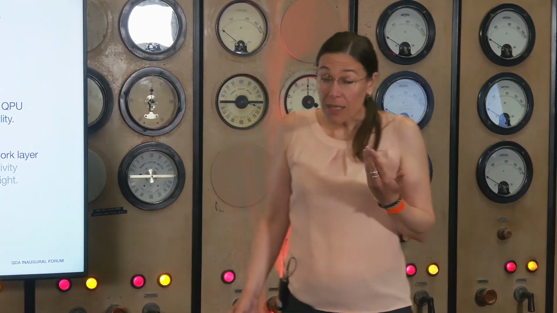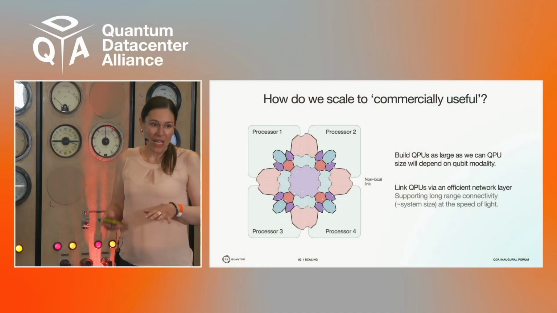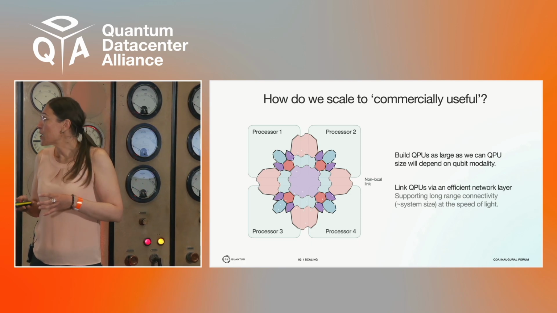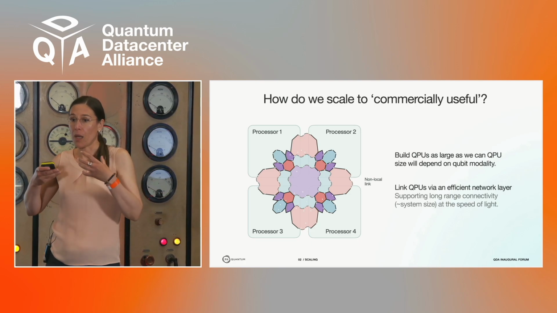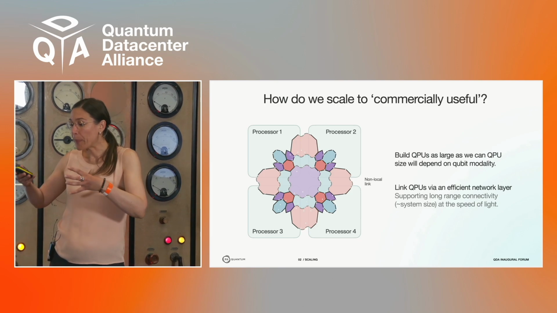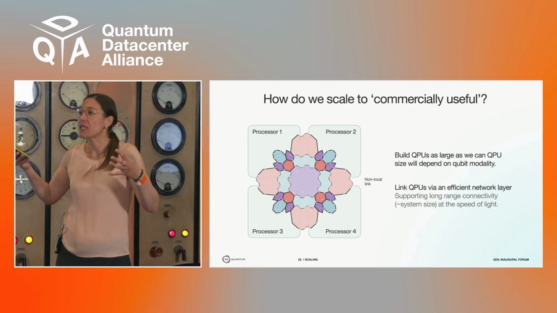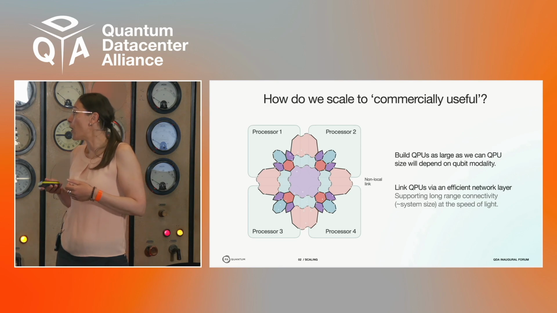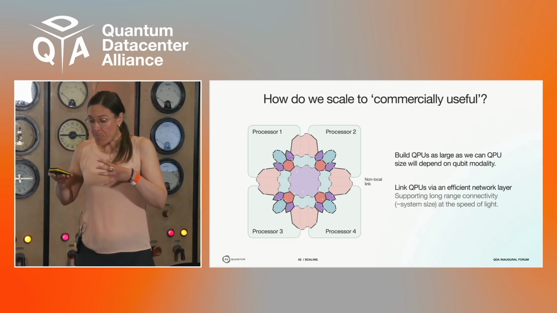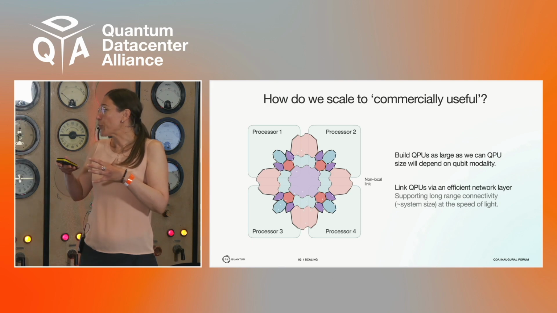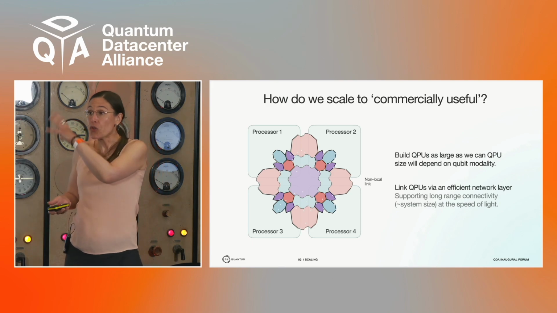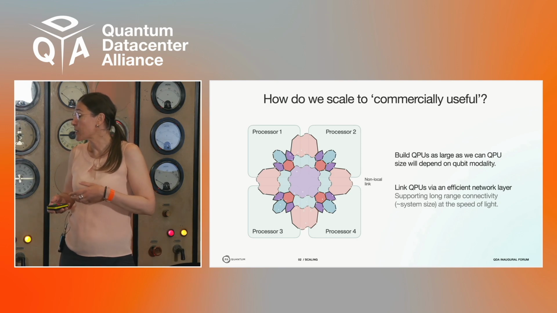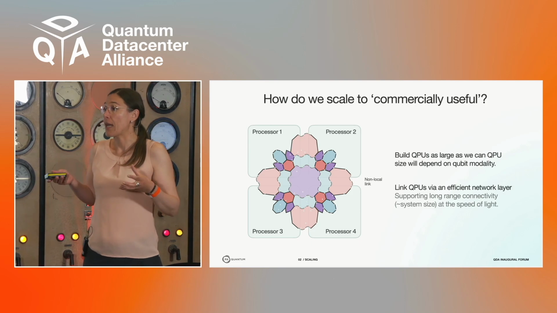To scale to commercially useful sizes, more and more people recognize that there's going to be some kind of modularity, where quantum computing companies will build QPUs as large as they see fit, and that QPU size would probably depend on qubit modality. But it will be advantageous to introduce non-local connectivity thanks to optical interconnects to really scale the system further.